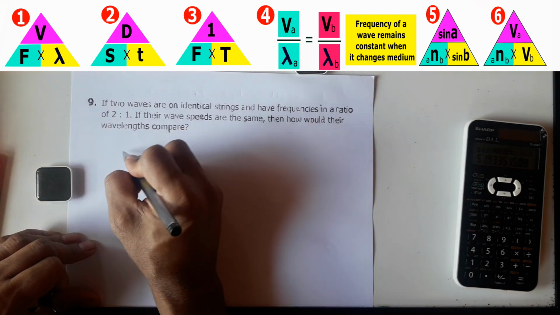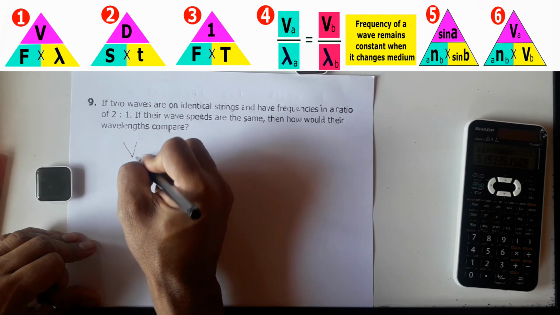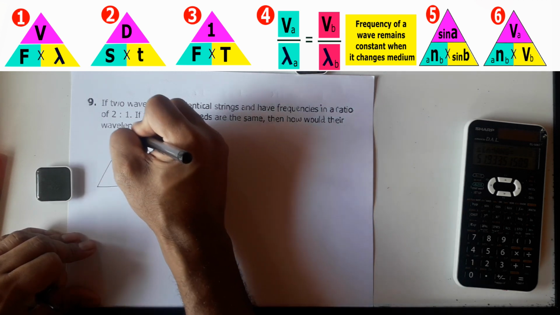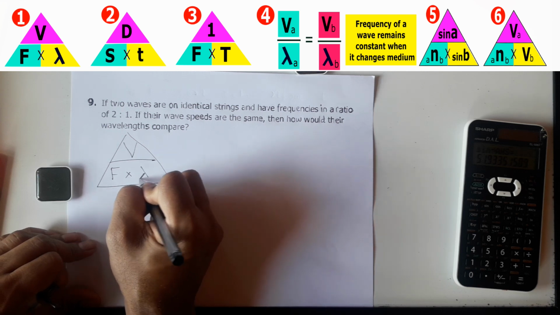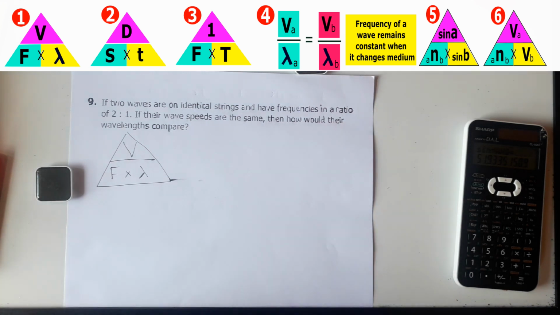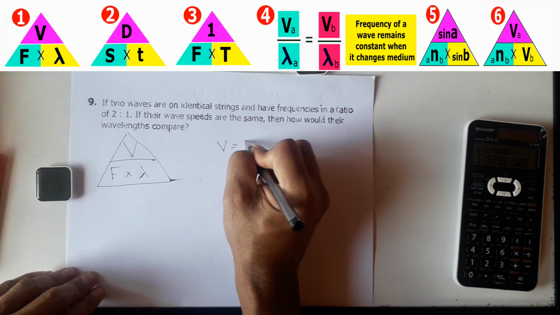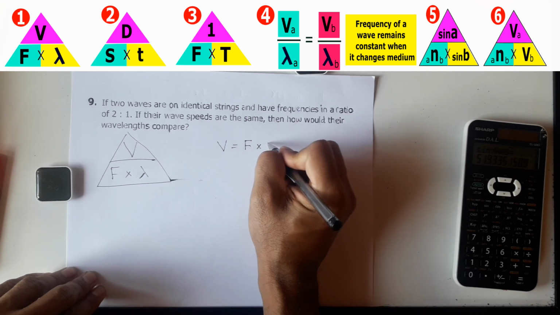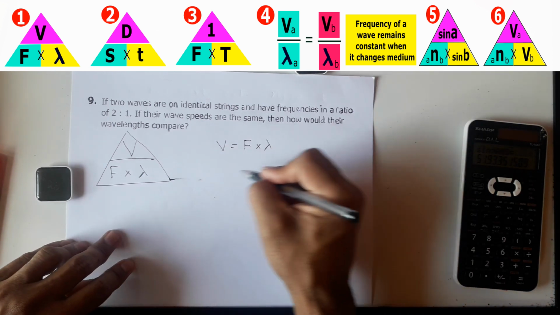Let's go to the first formula. Velocity is, let me draw this here. Velocity is frequency multiplied by wavelength. Let's make velocity the subject of the formula. So if we want to find velocity, velocity is just frequency multiplied by wavelength. Apparently we have 2 waves.